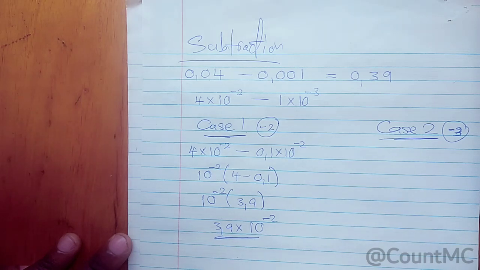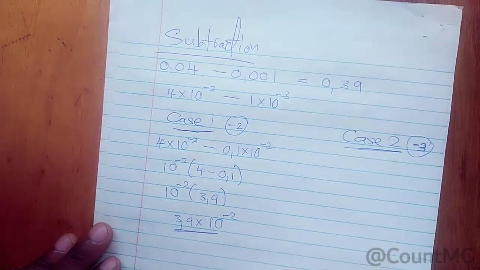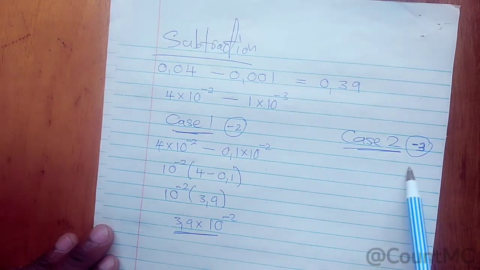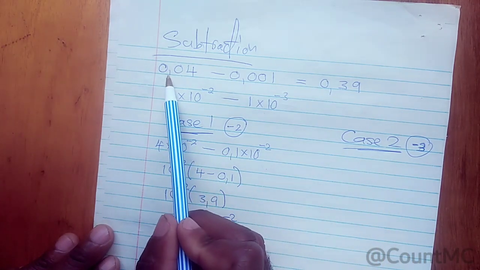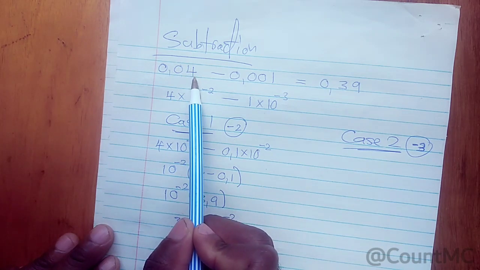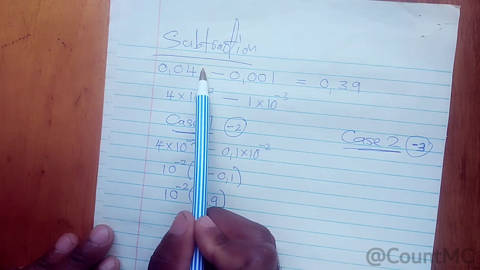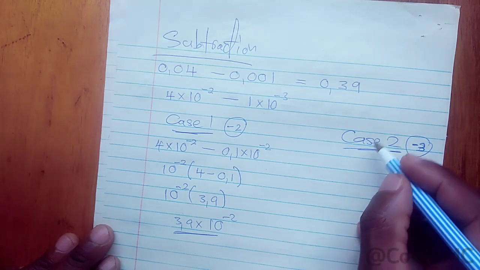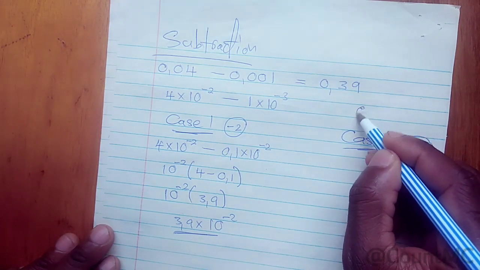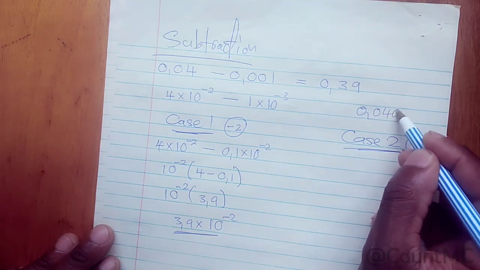Let's convert everything to 10 to the power minus 3. So this one, 1, 2, we need it to be a minus 3, so we add an extra 0 there. So it will be 0.04.